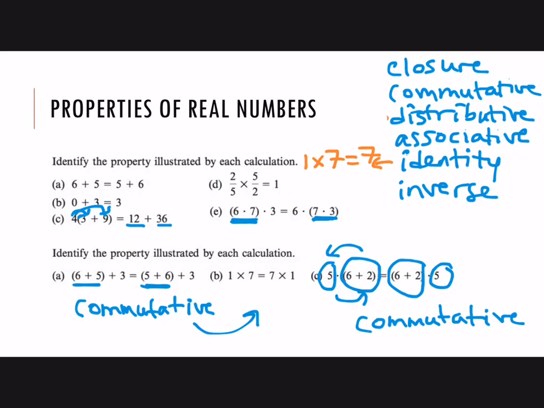And then identity and inverse are absolutely crucial for solving equations. So I'd like to look at that as well. From this video so far, I'm just expecting that you'll have a basic understanding of what the properties are, be able to give examples or counterexamples, and be able to start identifying examples like this as one of these particular properties.